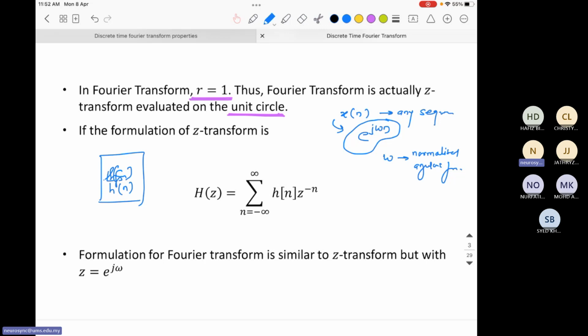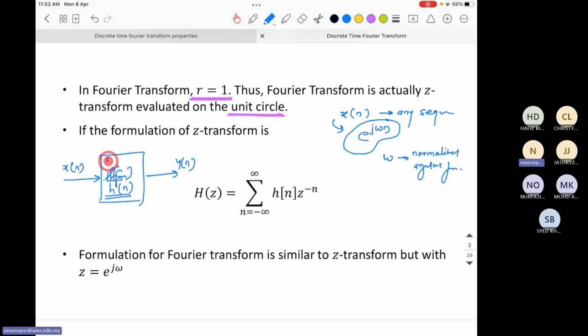Any system's transfer function is basically the impulse response of the system, represented with the term h of n. Suppose we have the input x of n and the output is y of n.